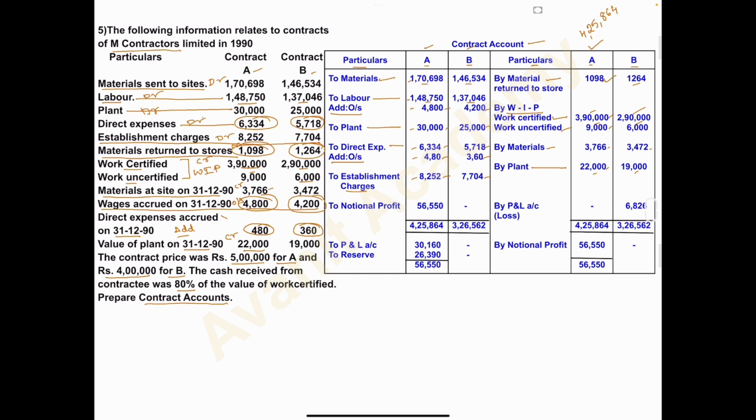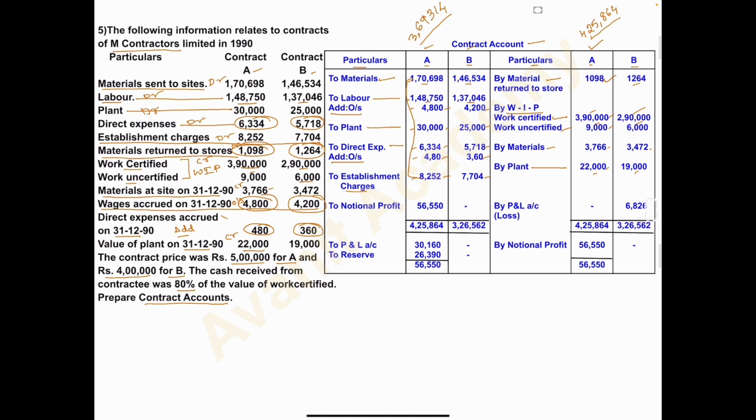Add these items and the total of debit side is 3,69,340. Okay, debit side total of contract A is 3,69,340 and credit side total of contract A is 4,25,864. Means the credit side balance of contract A is more.